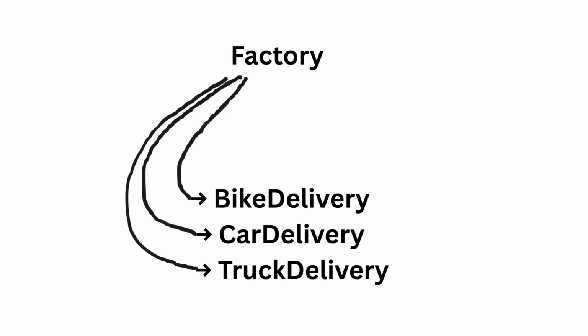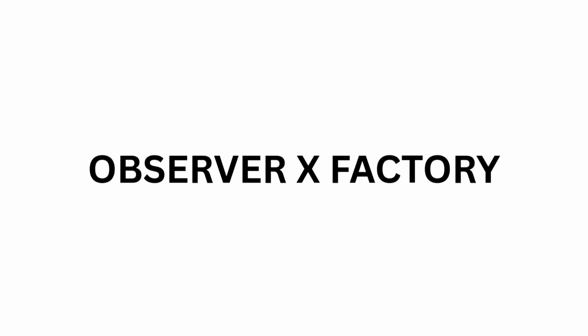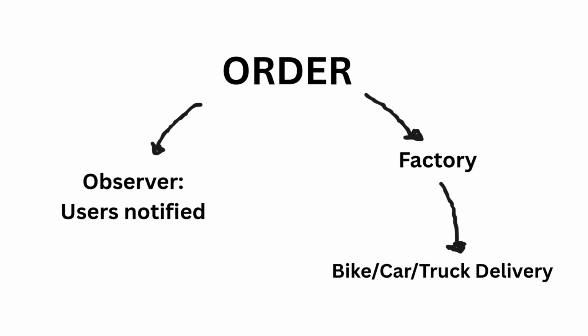So if we combine the observer and factory diagrams, using observer for real-time notification and factory for delivery object creation, we achieve a system that is both responsive and scalable. Each pattern solves a specific problem. The observer handles communication between objects without tight coupling. The factory handles object creation efficiently and cleanly.